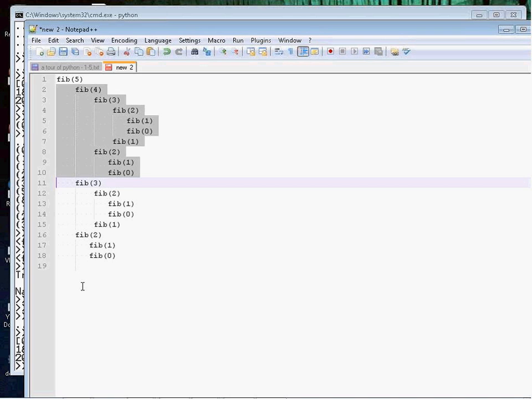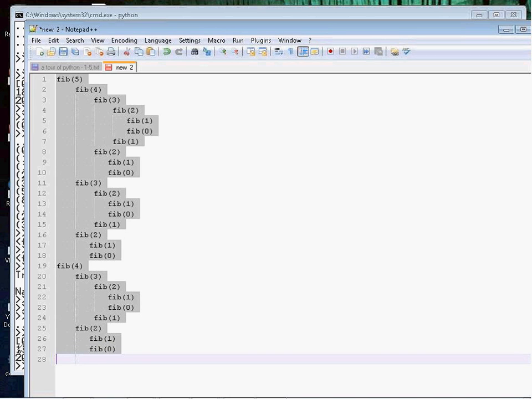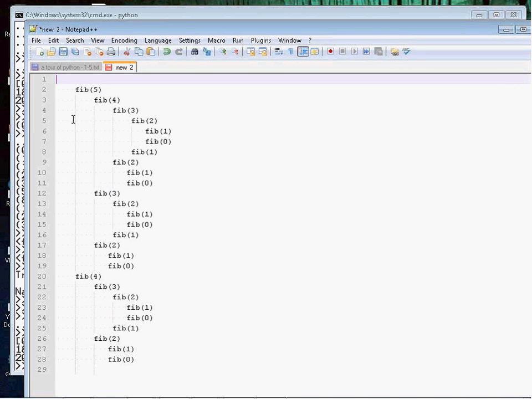As we go to compute fib 6, people get the idea. What's happening is you're doing a lot of very stupid computation across the computation of Fibonacci.